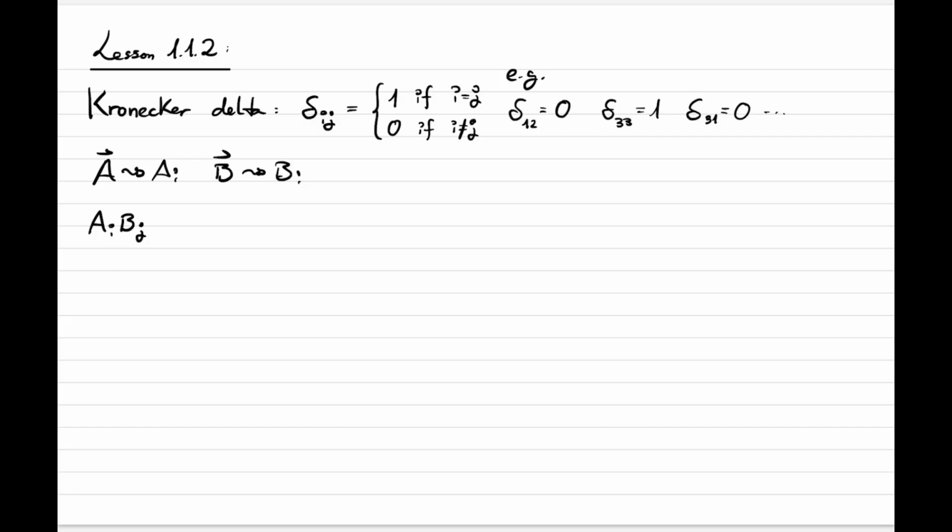Now what we are going to do is multiply this object by the delta ij. The delta is going to do something called a contraction, which is going to make the two indices the same. But we're going to see why that's true.